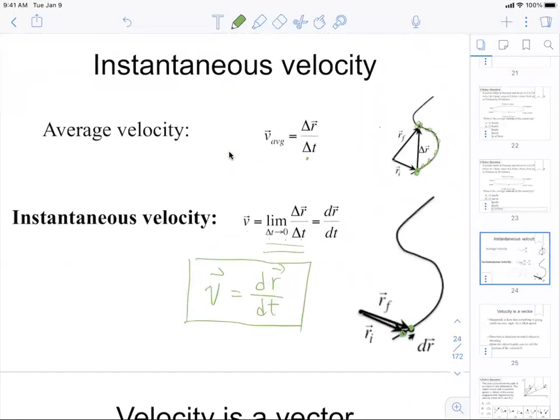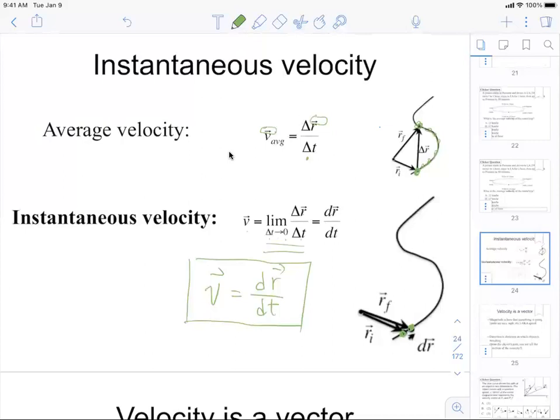When these 2 points are so close to each other, I'm looking at the direction of delta r, because the direction of velocity is given by the direction of displacement, since time is a scalar. If you want to know the direction of the velocity, you need to know in what direction you have changed your position, the displacement.